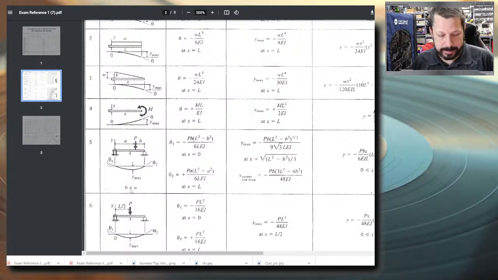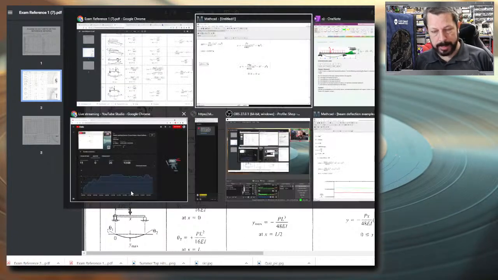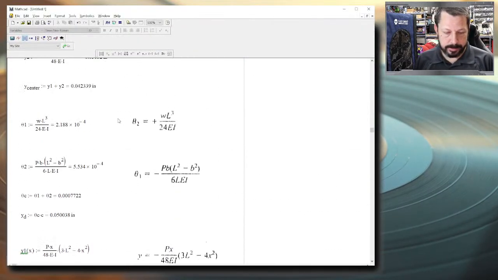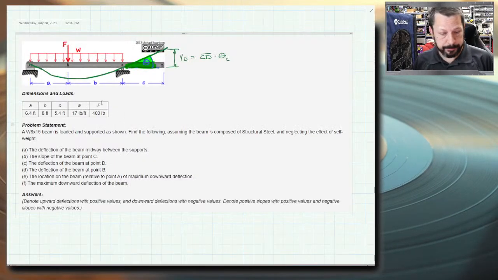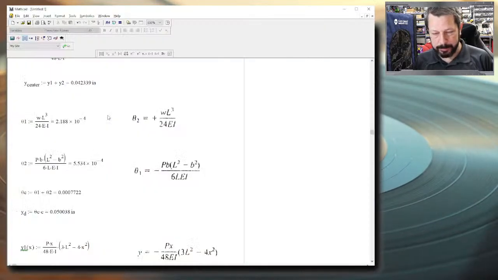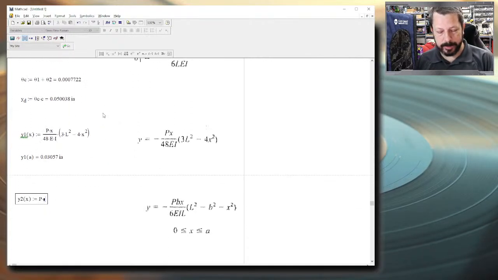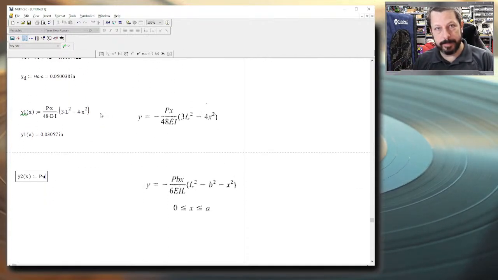It is specifically saying that B is less than A. It's the shorter distance. On mine, the variable A is the shorter distance. So the equation has A and B, but they're opposite of one another because of the way the beam is mirrored from the reference sheet. So I need to put an A here.